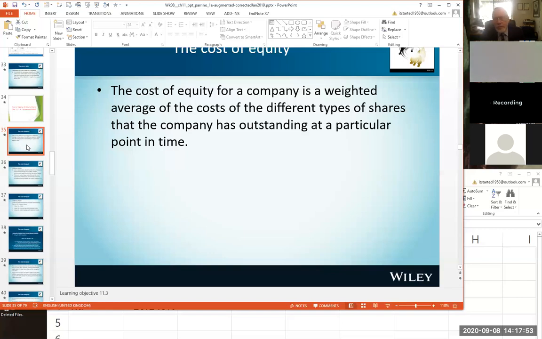Retained earnings can be a fairly substantial part of the balance sheet, because they're often used as the most effective form of capital raising. It's easier to simply not pay out dividends than it is to sell more shares.